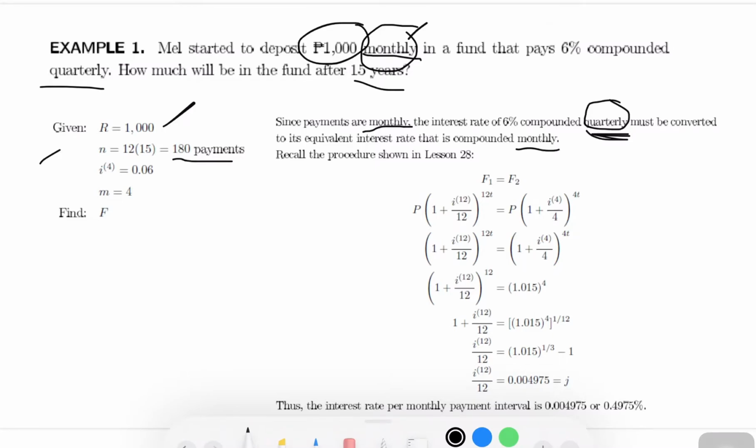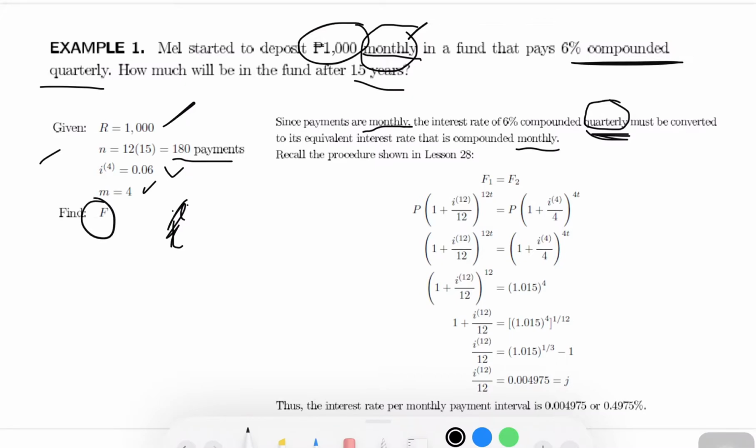And our i^(4) is 0.06, because it is specified as quarterly. And m is equal to 4, because quarterly. So we need to find F, the future value.